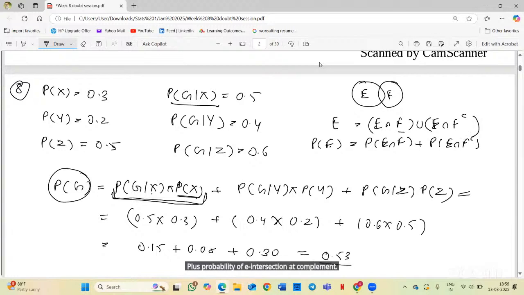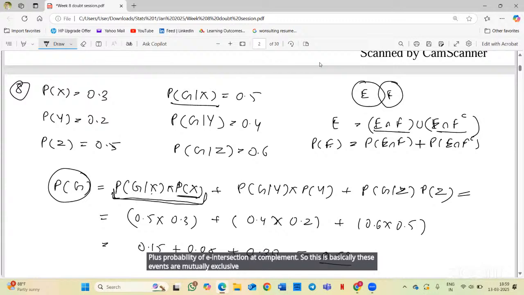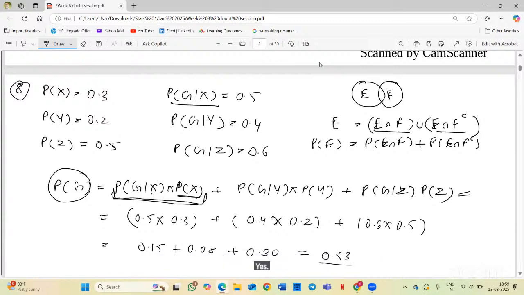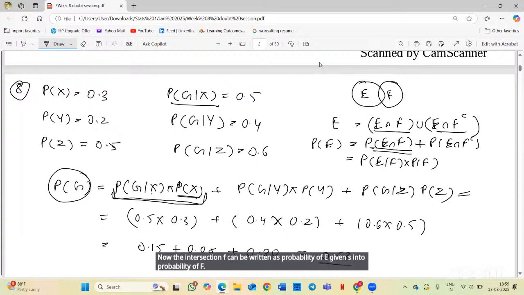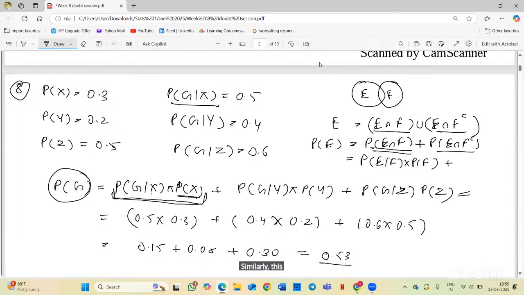These events are mutually exclusive, so I can add both of the values. Now E intersection F can be written as probability of E given F into probability of F. Similarly, this can be written as probability of E given F complement into probability of F complement.